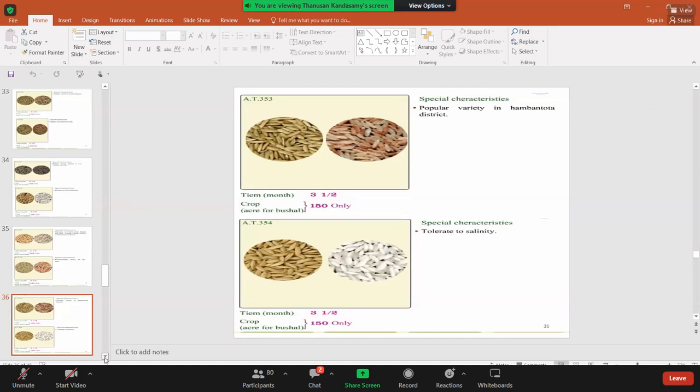But 3 is brown color, 4 is white color. In your spot exam, we will put the 403 and 404 in one spot. We will remove the husk part also, remove some grain. Then you want to identify which one is which, like that.